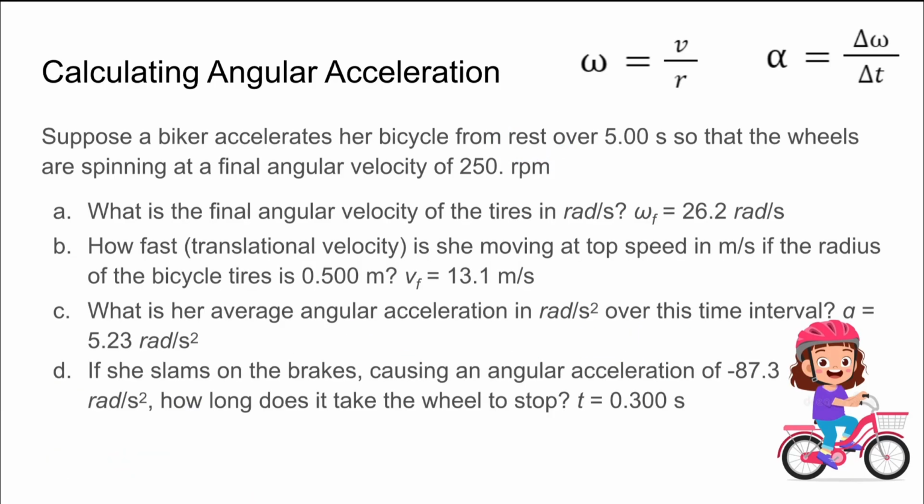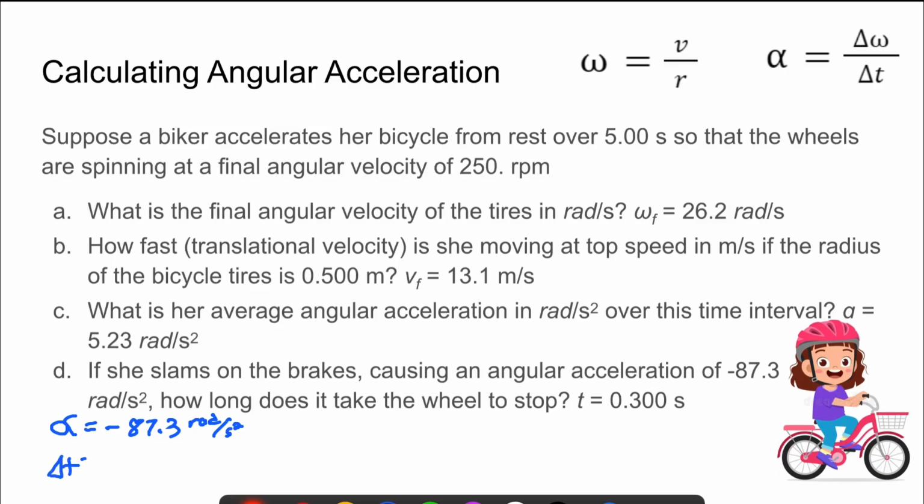And then we can think about what happens when she wants to stop. So if she slams on her brakes, causing an angular acceleration of negative 87.3 radians per second squared, how long does it take for the wheel to stop? So delta t equals question mark seconds.